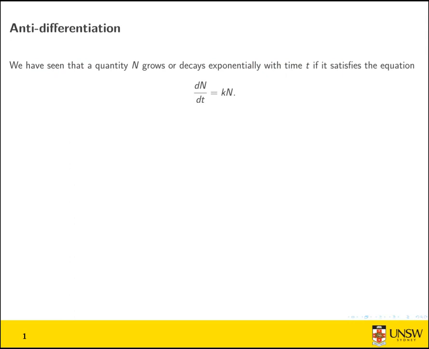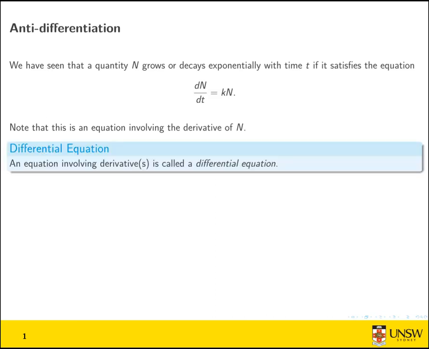We have seen that a quantity grows or decays exponentially with time if it satisfies this equation. Note that this equation involves the derivative of your function. An equation which involves a derivative has a special name. They're called differential equations.